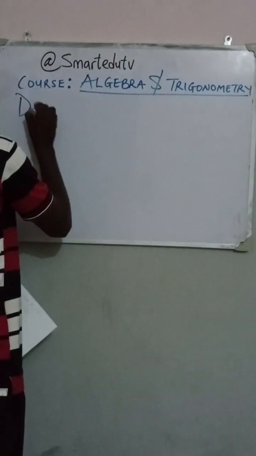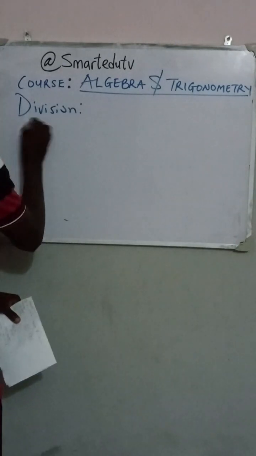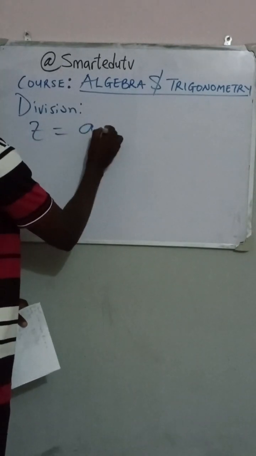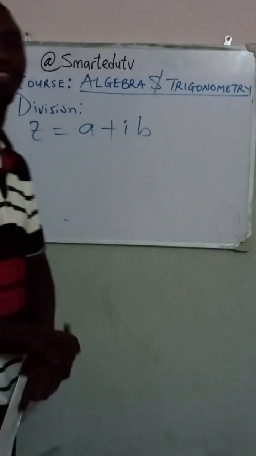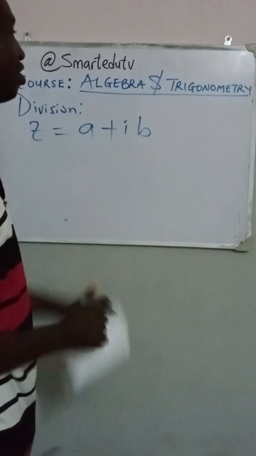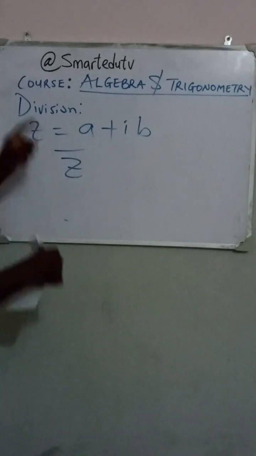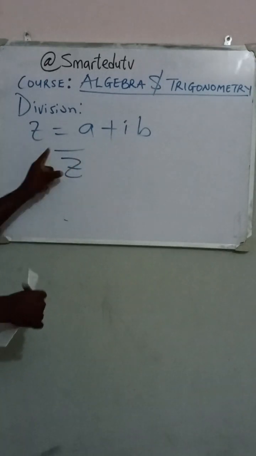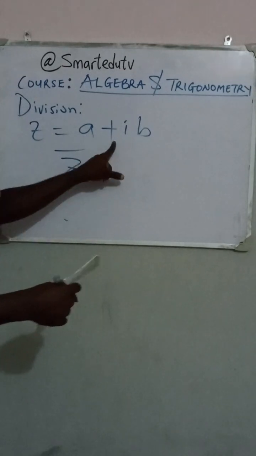Understand the concept of conjugates. Division of complex numbers. For instance, if z is defined as a plus ib, the conjugate of z, written as z bar, simply means I should interchange the sign.